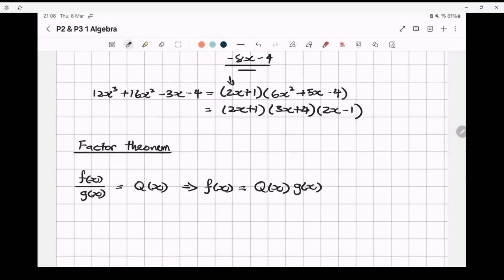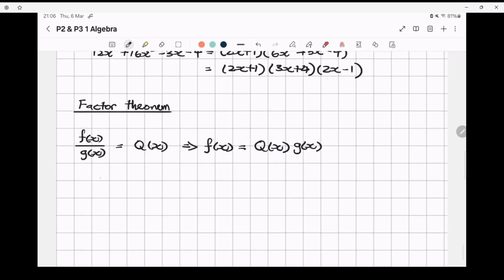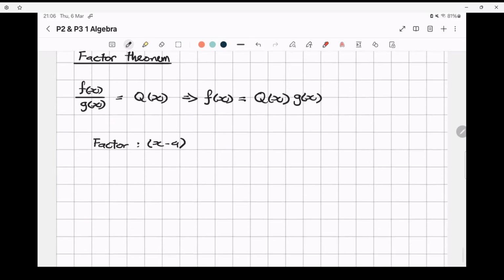So if you look at the example just now, this is the factor. And what happens when you substitute, let's say your factor is of this form? So basically, when you substitute x equals a inside, f(a) will be equal to q(a) multiplied with g(a).